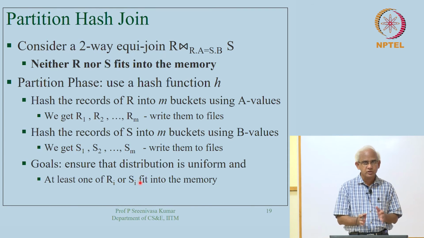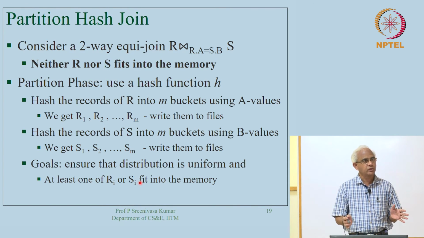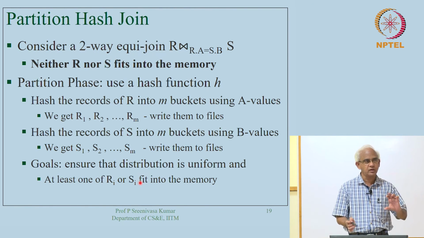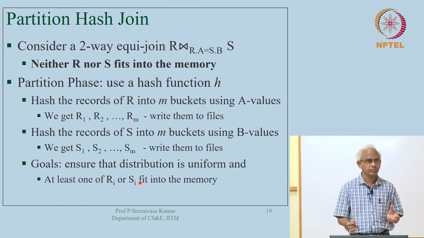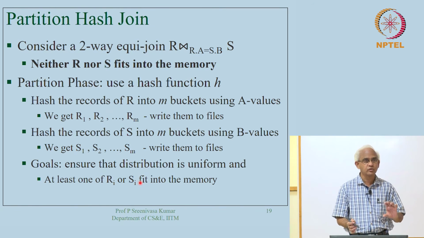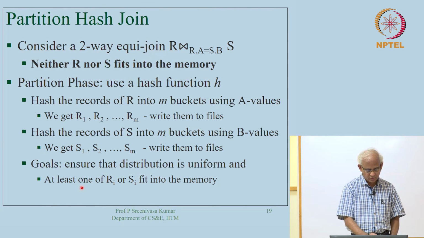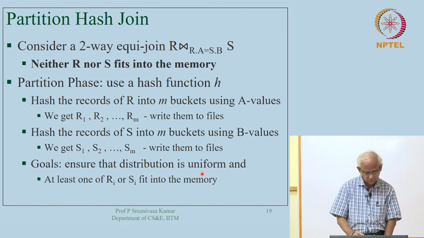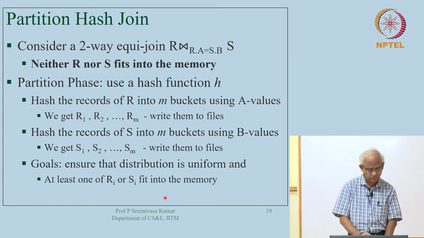If the records are uniformly distributed over these buckets, then the bucket size will be small. So, you can choose the number of buckets appropriately so that individual files fit into the memory, at least one of them, say Ri or Si. This will be the goal of choosing the hash function.